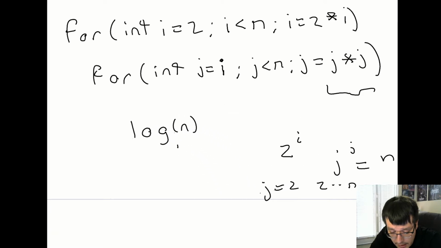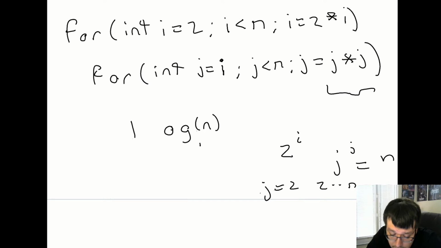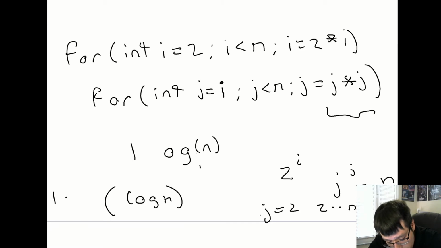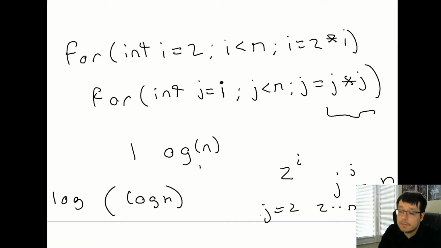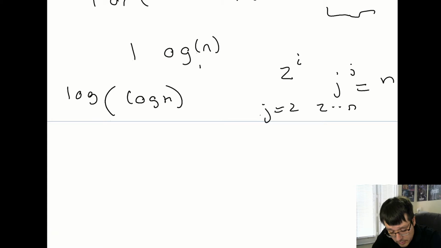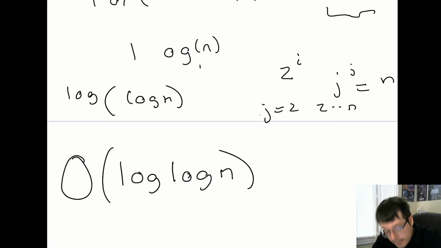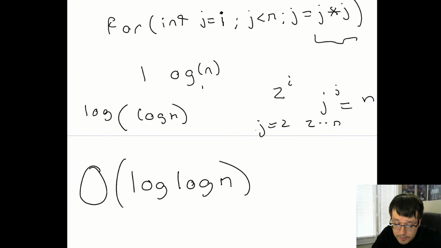And then the outer one is going to also be logarithmic. So this is probably something like a log n. That's what I think this is going to be.